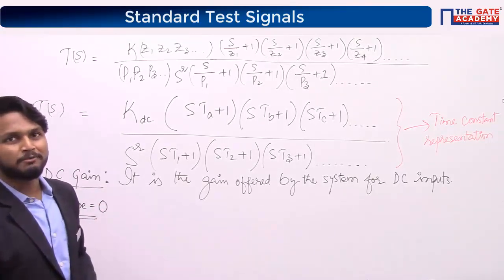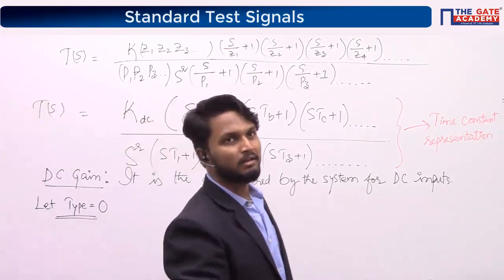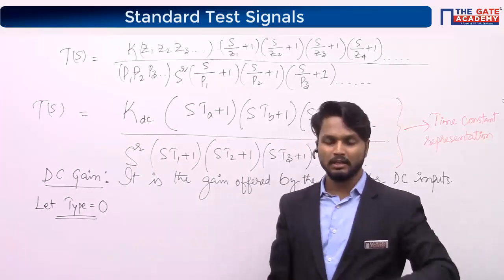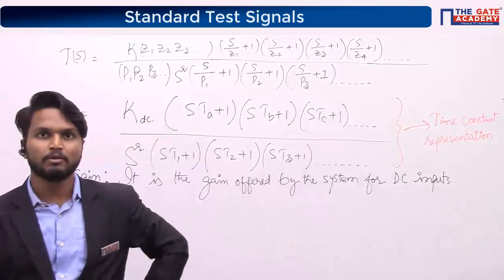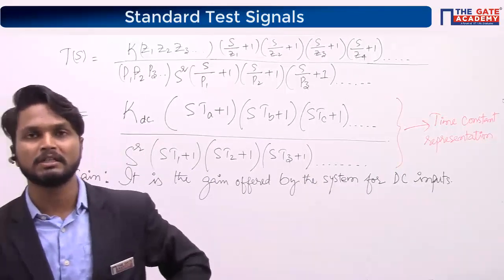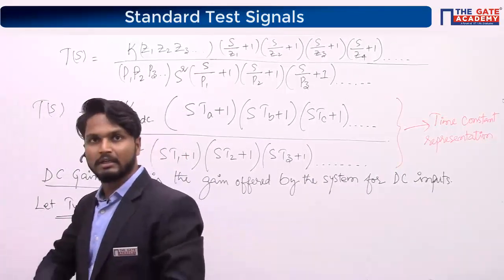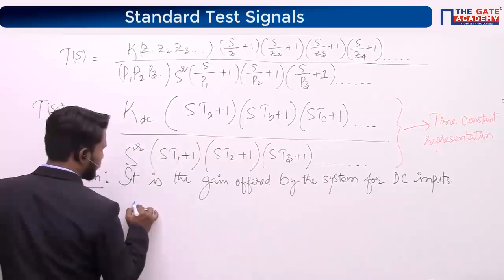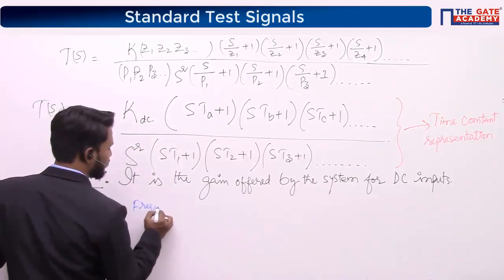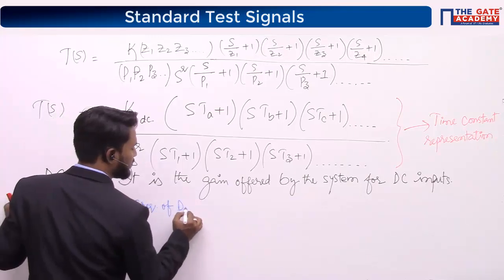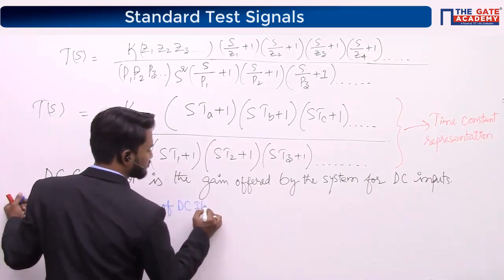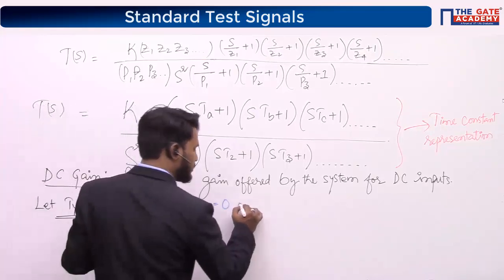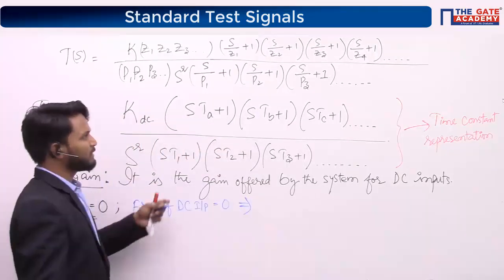So what should be the frequency for a DC signal? All of you respond. What should be the value of frequency for a DC signal? Frequency is 0 for DC, right? Therefore, you can consider the frequency of DC input is equal to 0, which means what is frequency here?